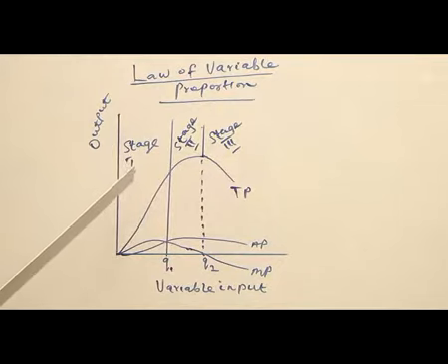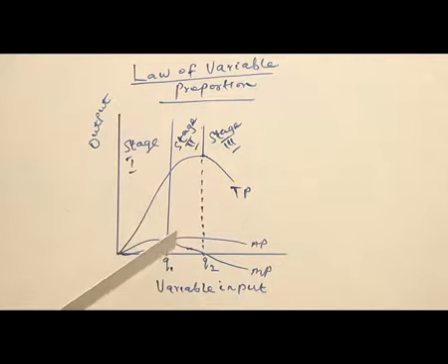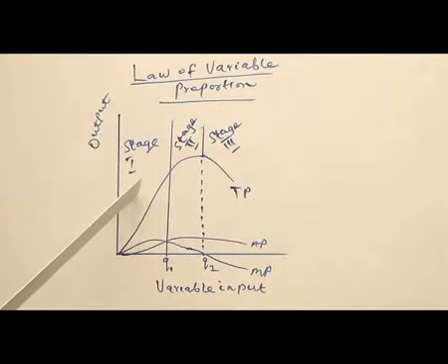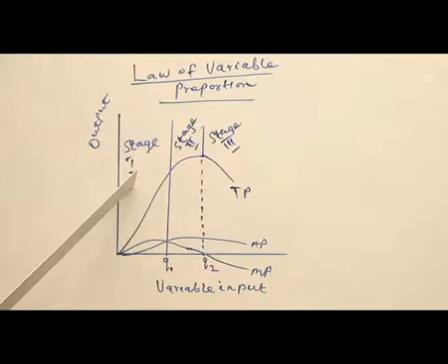So as the firm is moving toward the second stage, the firm will now be experiencing what we call diminishing marginal return. And when we say diminishing marginal return, there is an increase in output, but at a diminishing rate, while the previous one implied an increase in output at an increasing rate.